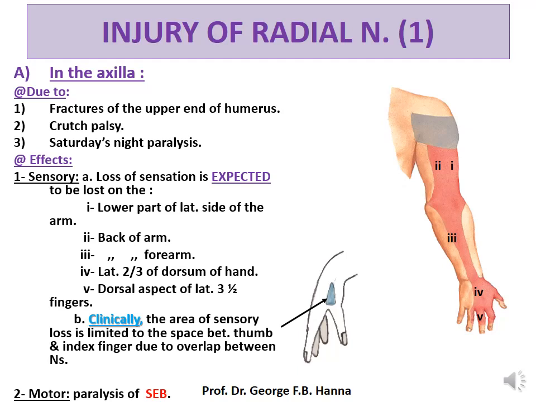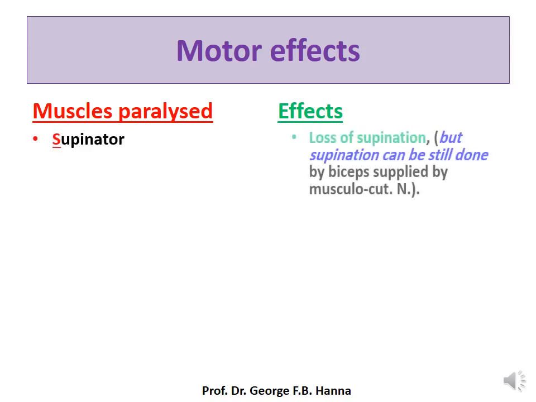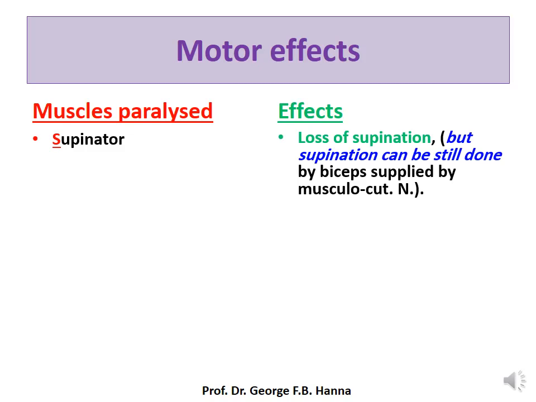Let us go to number two. In the lowermost part of the left side of the screen, there is paralysis of SEB. What is SEB? Here, S stands for supinator, so there will be loss of supination.